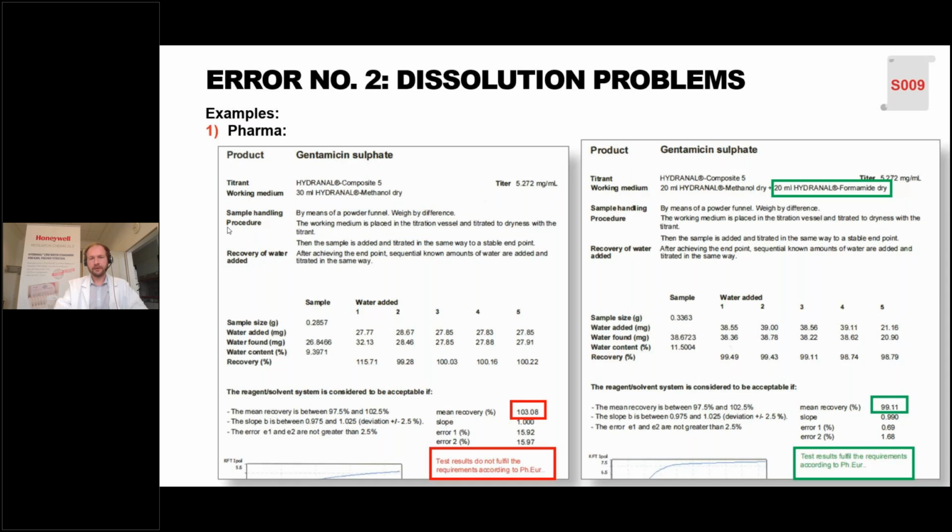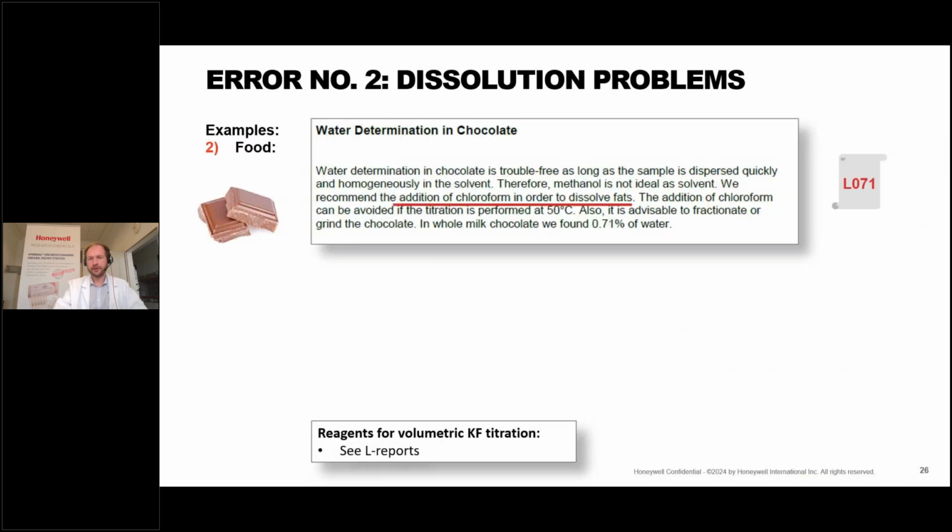A classical sample in the food industry is the KF titration of milk and white chocolate. So I love chocolate, so I have no solubility problems with chocolate. However, for proper KF titration, the addition of chloroform or the titration at 50 degrees Celsius is required to dissolve especially the non-polar fats.